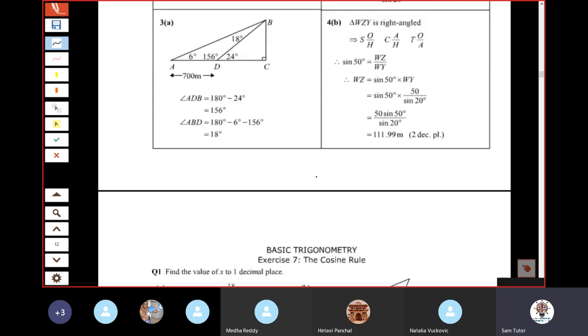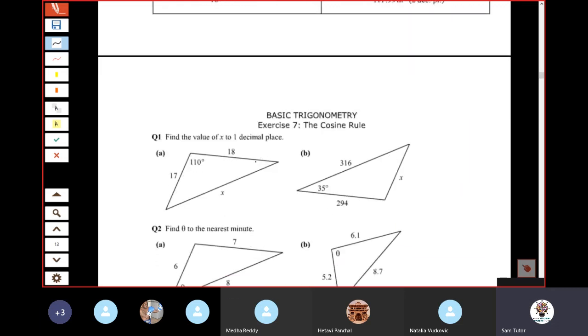Okay, cosine rule. C squared equals, does anyone remember what the cosine rule was? Okay, cosine rule, the first bit is Pythagoras.